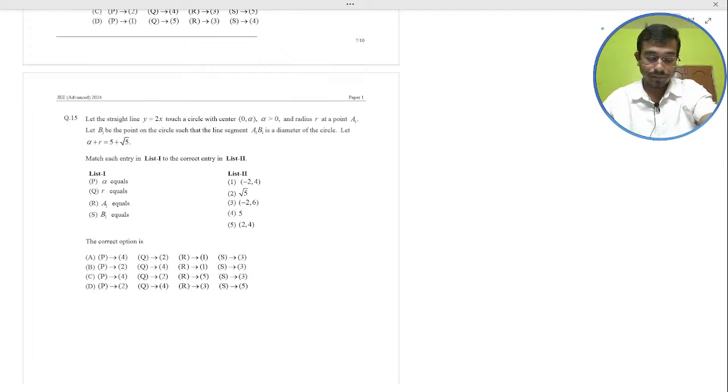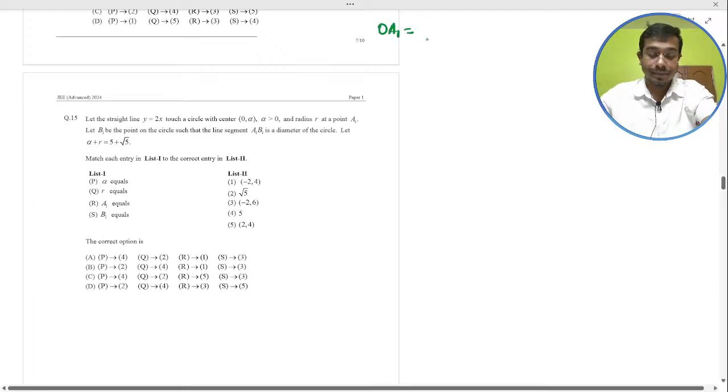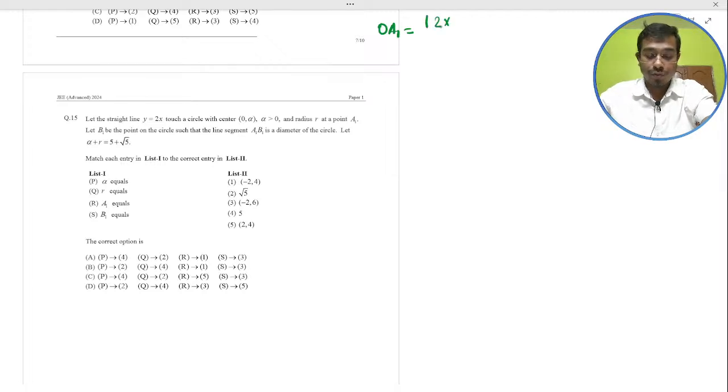Okay. Now here, the OA1 is what? This is 2 into 0 minus alpha, distance by root 5. This is defined as the r. Or alpha is r root 5.